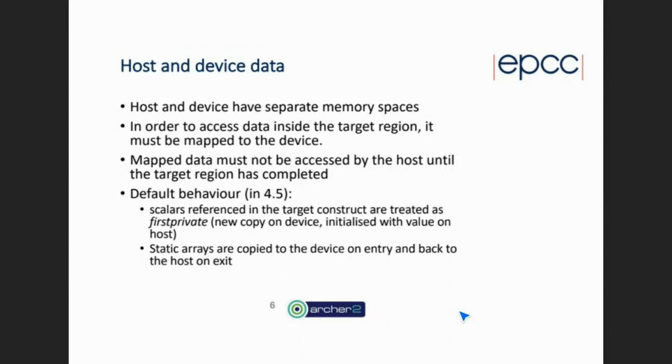While the device is using that mapped data, it can't be accessed by the host until the target region has completed. OpenMP bans you from having races between the host and the device accessing the same variables at the same time, so there are never any conflicts to resolve.